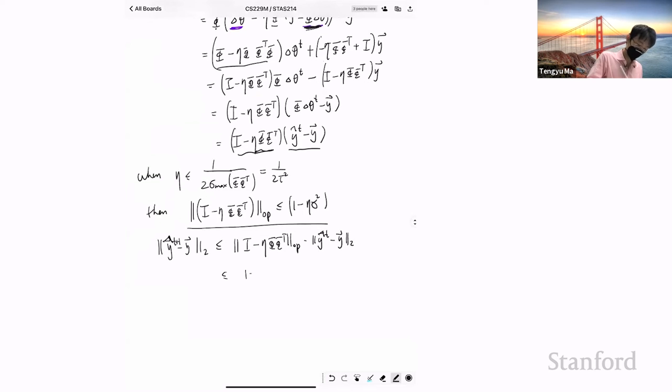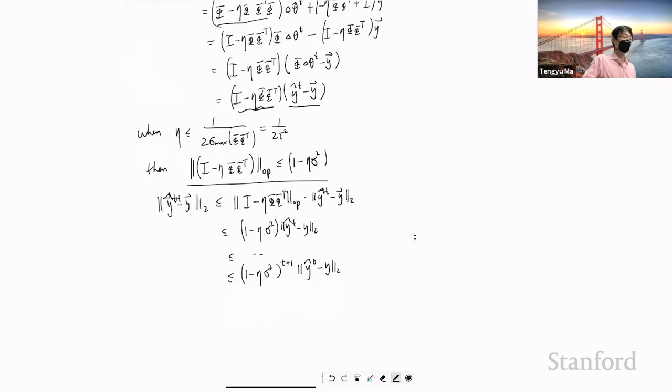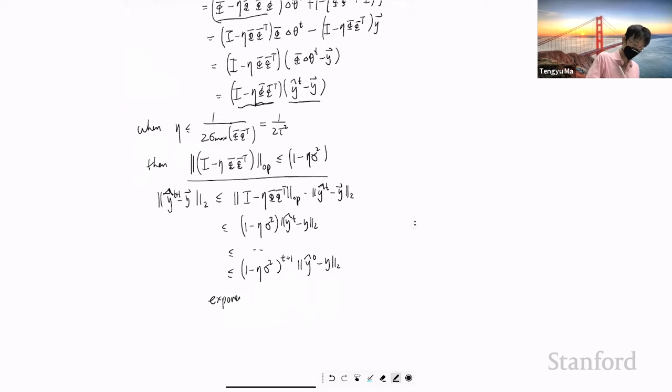So this is less than 1 minus eta sigma square times y hat t minus y in 2 norm. And if you do a lot of recursions, you get 1 minus eta sigma square to the power t plus 1 times the 2 norm of y hat 0 minus y. So you have an exponential decay of error.